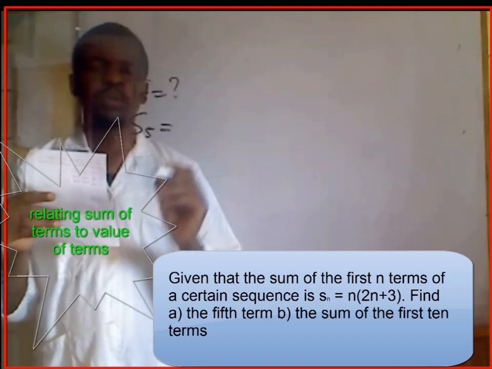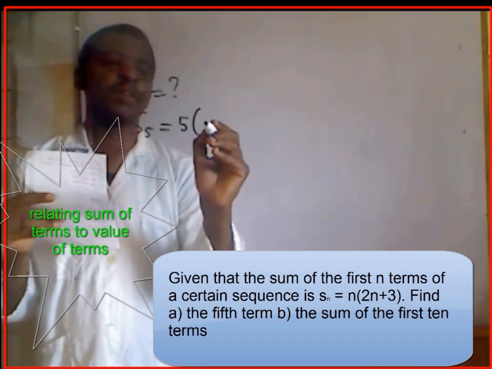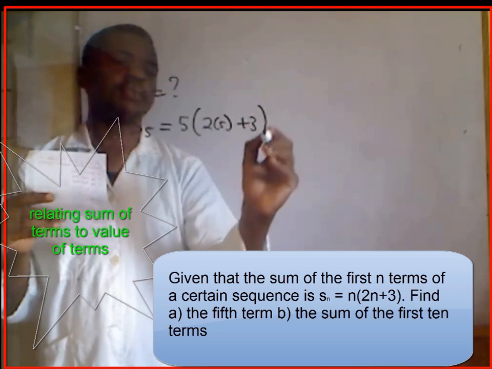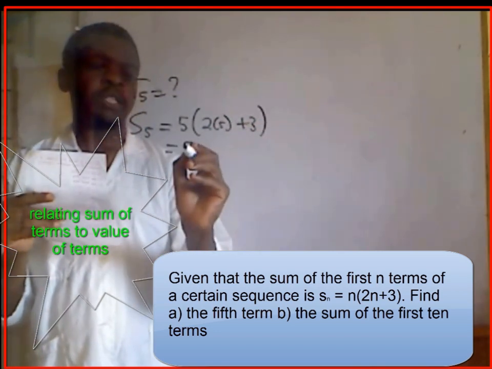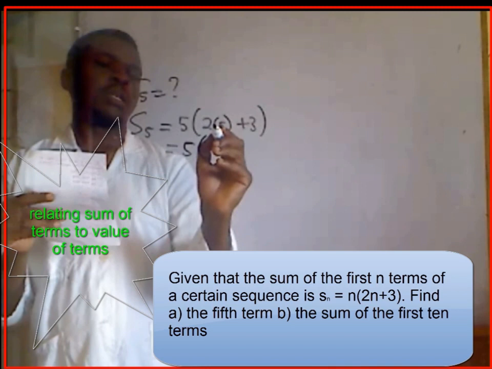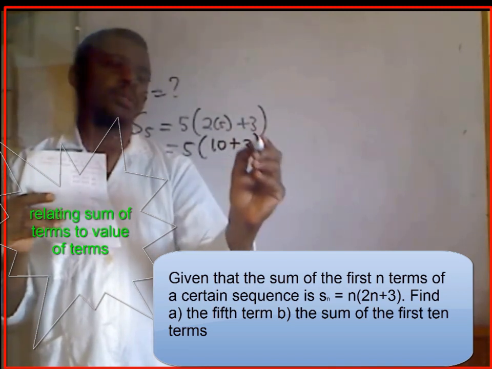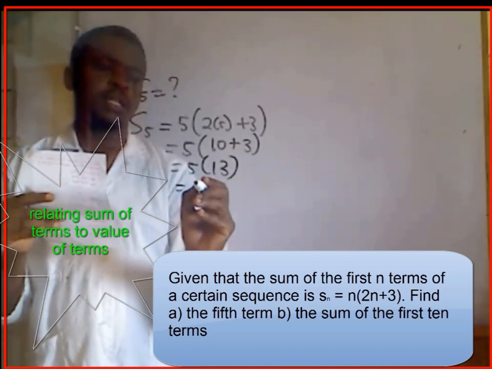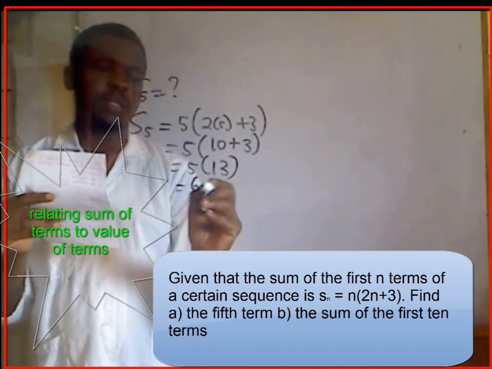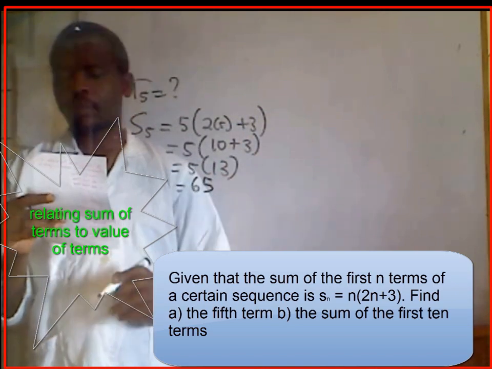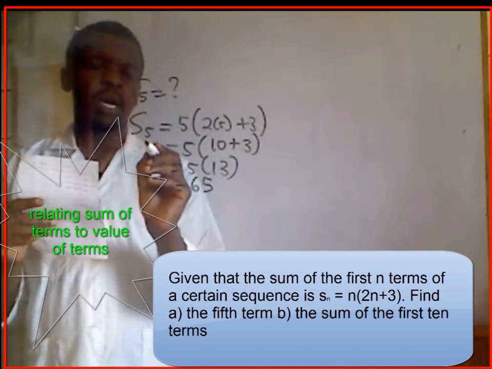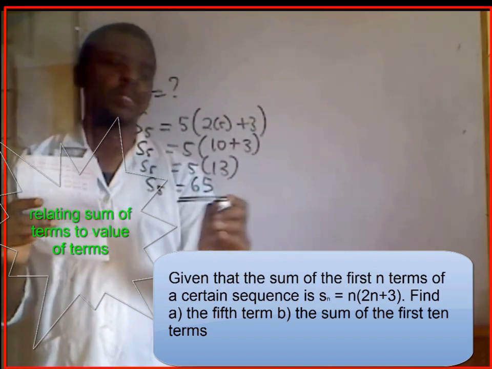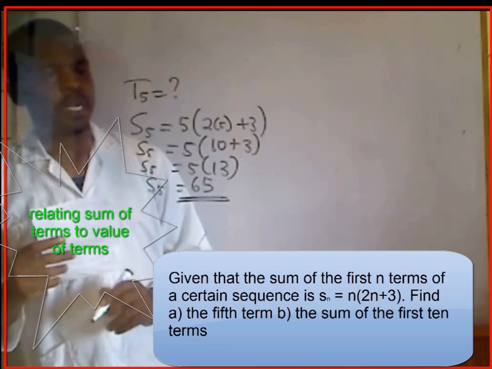S5 will be equal to 5 times (2 times 5 plus 3). Do that which is in brackets first. This is 10 plus 3. This is 5 times 13. This is 65. So, our S5 is equal to 65.